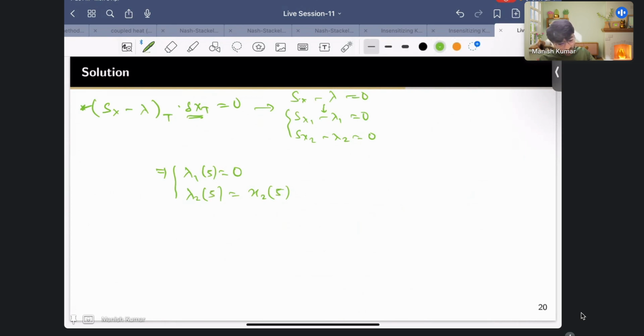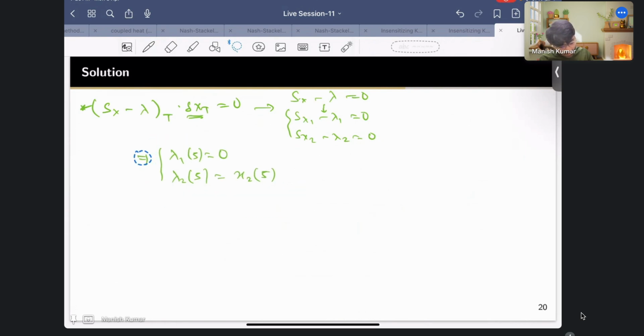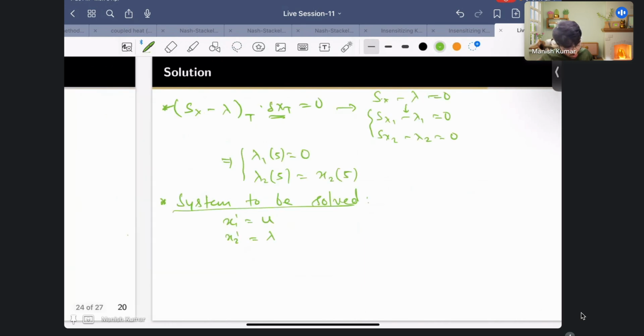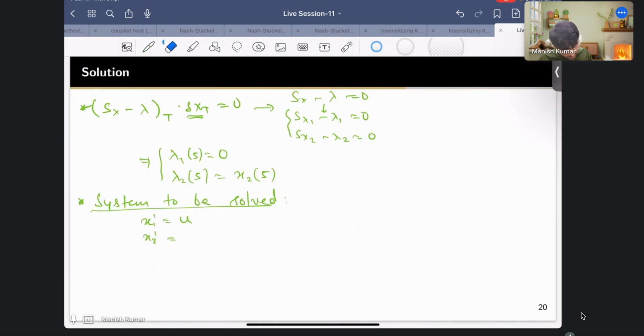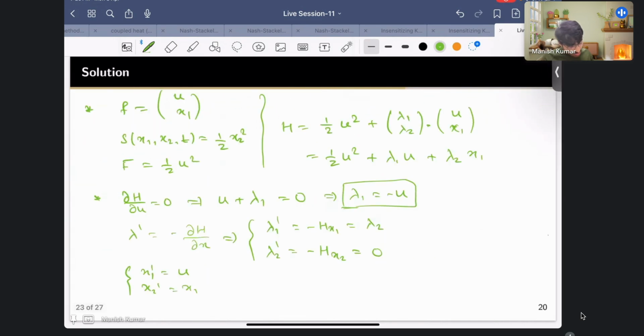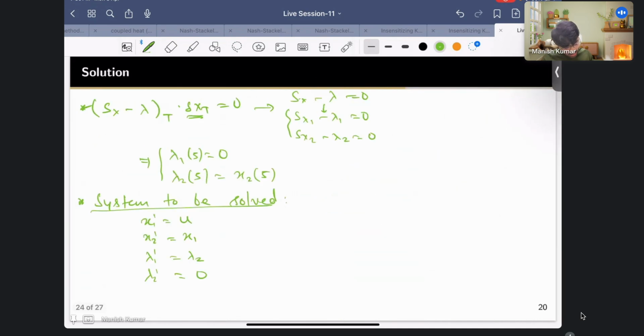Now let me write the whole system that we need to solve combined. The system to be solved: x1 prime is equal to u, x2 prime is equal to x1, lambda 1 prime equals minus lambda 2, lambda 2 prime equals 0. And u is minus lambda 1, so I can replace it here by minus lambda 1.